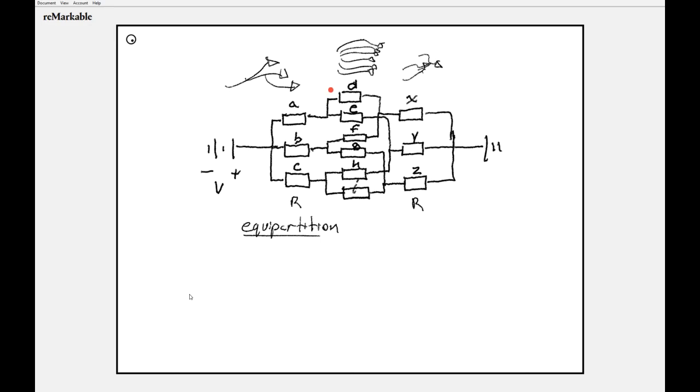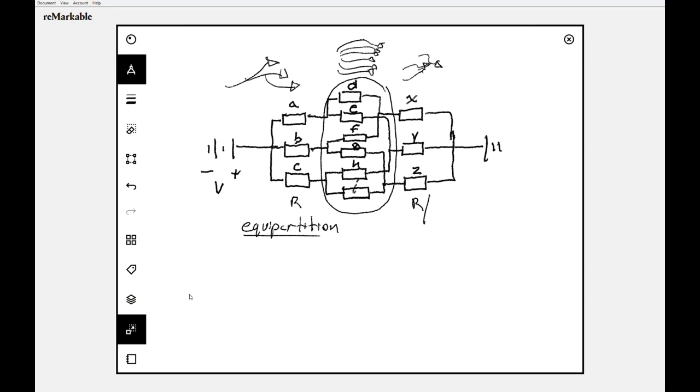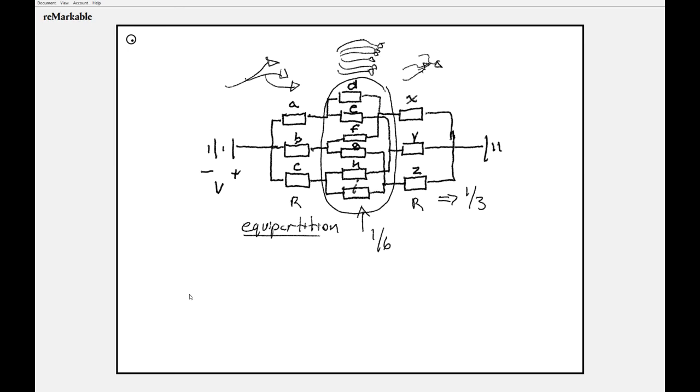And then similarly at the interior stages, because none of these are privileged, they all must have the same current. So that implies that each of those currents are going to be I over 3. Each of these currents are going to be I over 6. You can solve this through a different method.